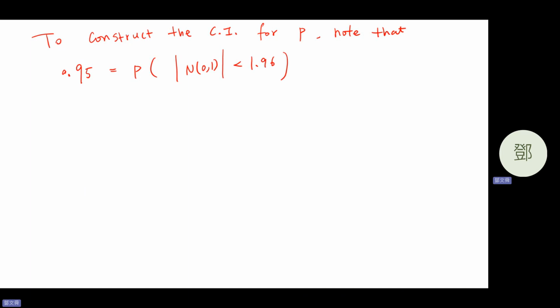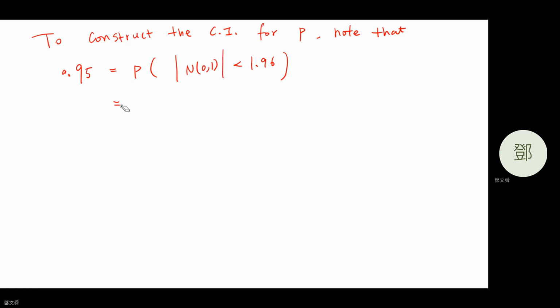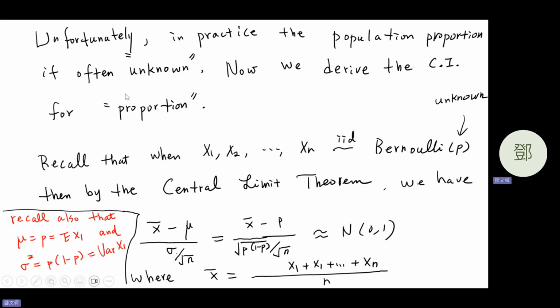If you go to the normal table, you will see that the equality holds. Sorry, and go back to the previous slide. We have this.